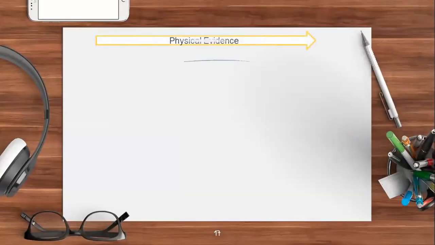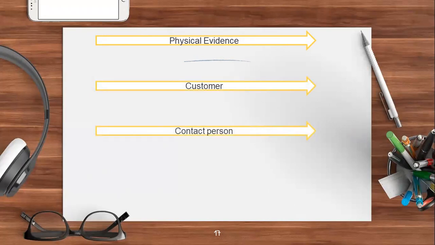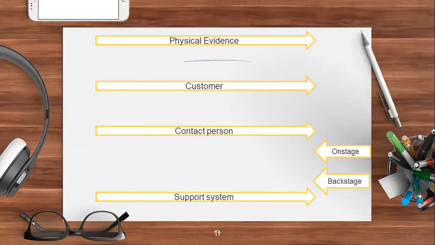Let me give you an example of this. As we said, physical evidence is important. That's our first component, customer. Then we have contact person here, on stage and backstage. And we have the support system. Now, under physical evidence, you see a hotel parking.